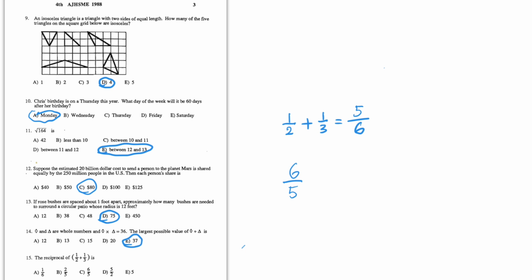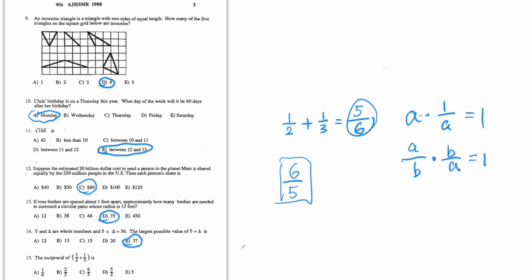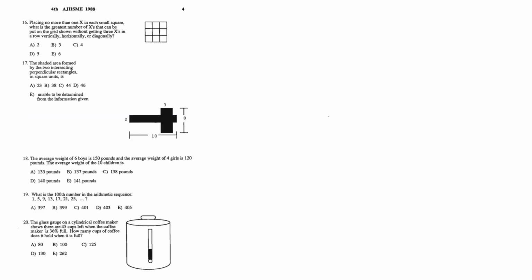So it's easy to get: if the number is A, the reciprocal is 1 over A. If the number is the fraction A over B, the reciprocal is B over A. Because the number times its reciprocal, the product is 1. So that's the easy way. We just find the number and flip the numerator and the denominator, get 6 over 5. That's the answer C.